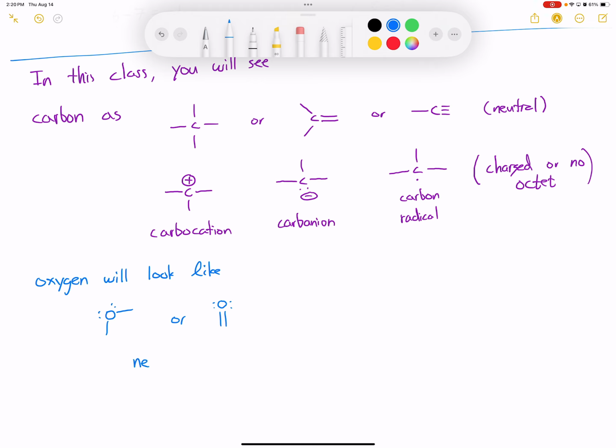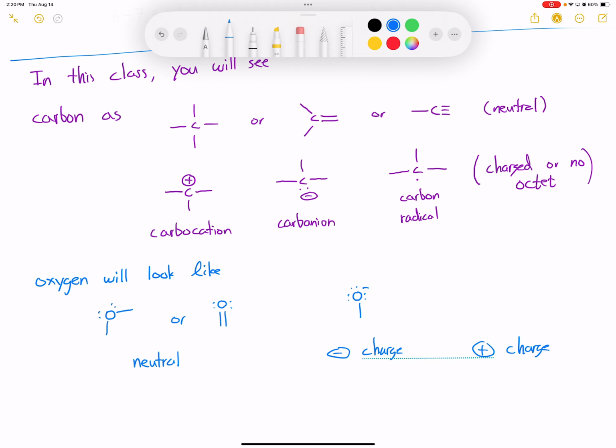So this is what it will look like as a neutral compound. If it has a negative charge, it will look like this most of the time. Okay, or you have a positive charge.